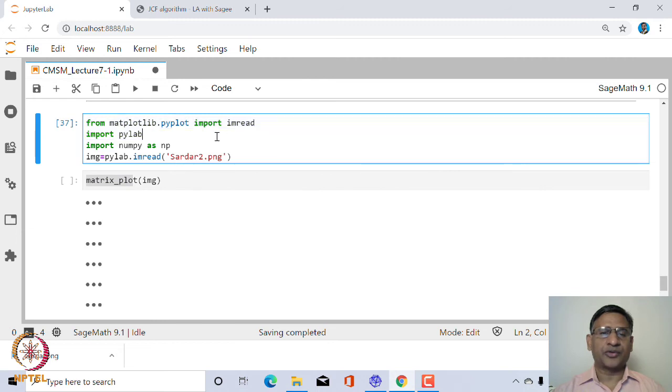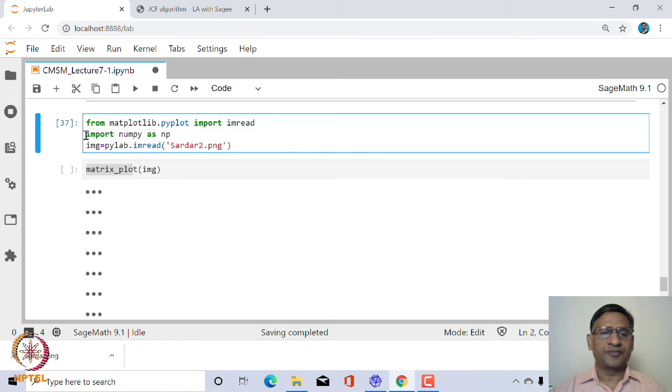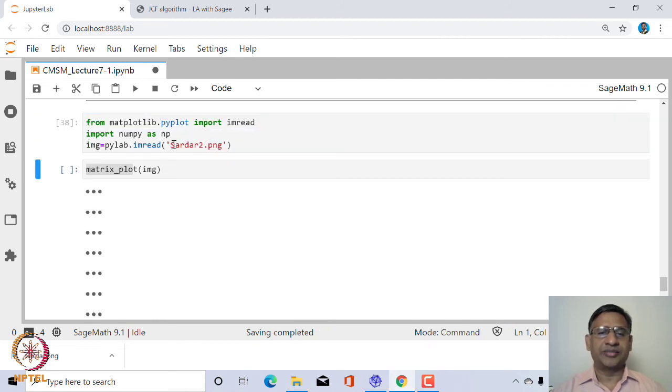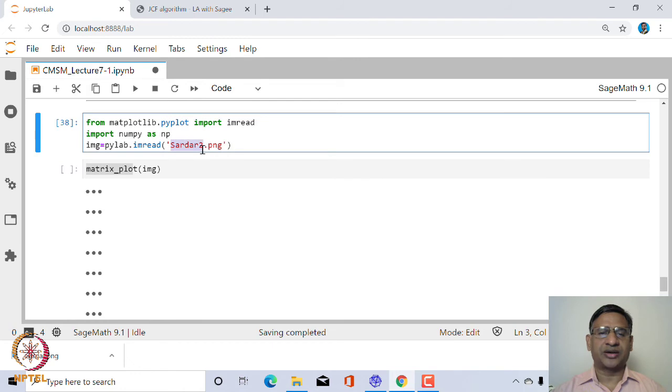From matplotlib.pyplot, we have imported a function called imread, and then imported pylab. Actually this is not required. Then we are reading an image. The name I have given is sardar2.png. This is an image of the Statue of Unity, right.